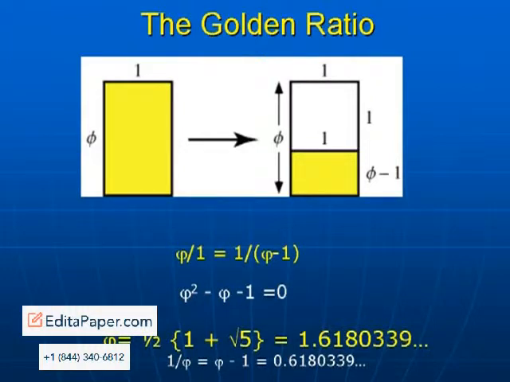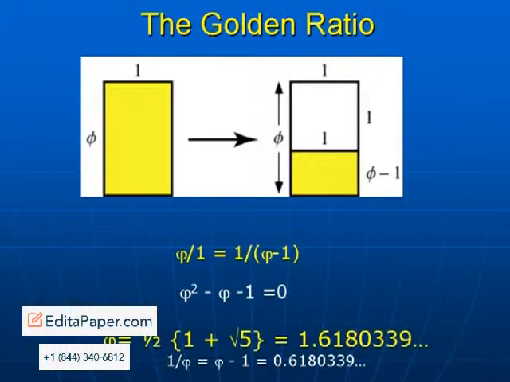Then what's left will be of side length phi minus 1, and the width is 1. And we want to have one of these aspect ratios again, so that the ratio of the height to the width of this object is the same as the ratio of this side to that side, the bit that's cut off. So phi over 1 is 1 over phi minus 1.